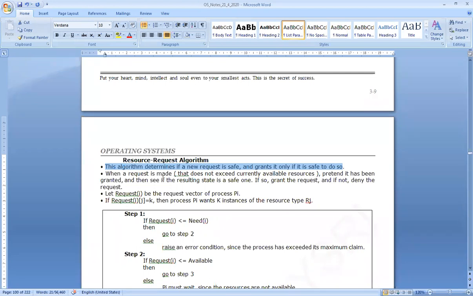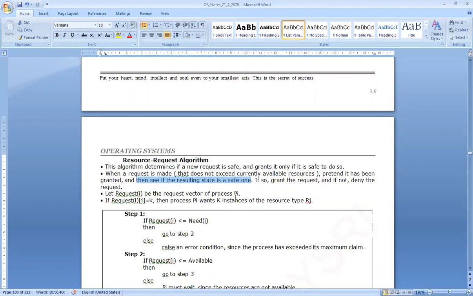When a request is made, pretend it has been granted, then see if the resulting state is a safe one. Whenever a request is made, we calculate and see whether we are still in a safe state or not.